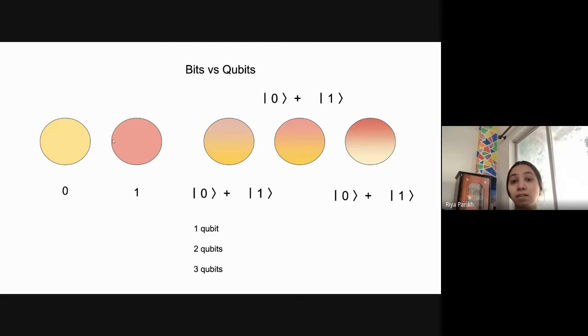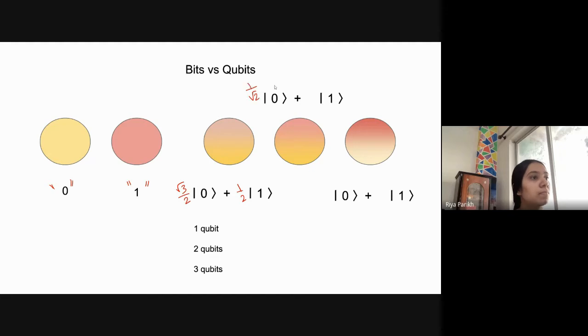So, in classical computing, a bit is either a zero or one, binary, right? But in quantum computing, a qubit can be both 0 and 1 at the same time. So it can be with a different proportion.